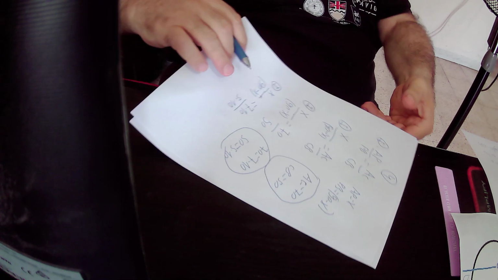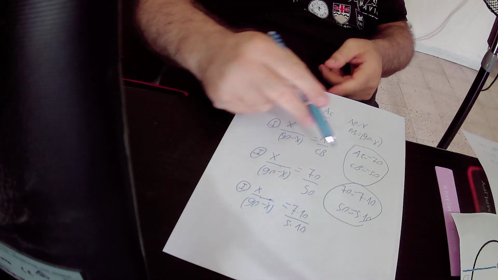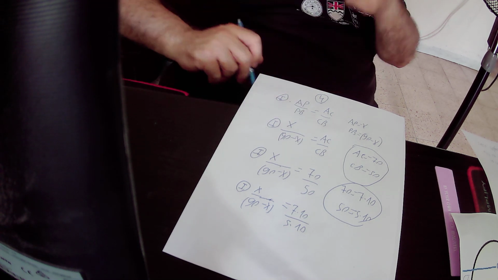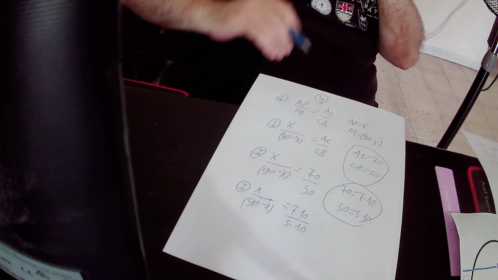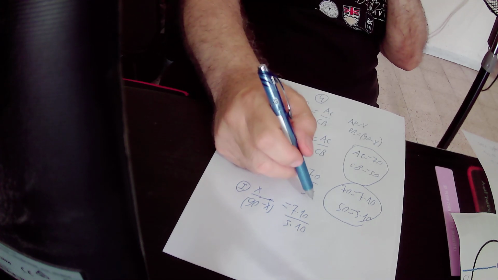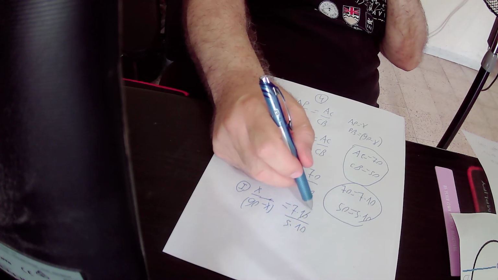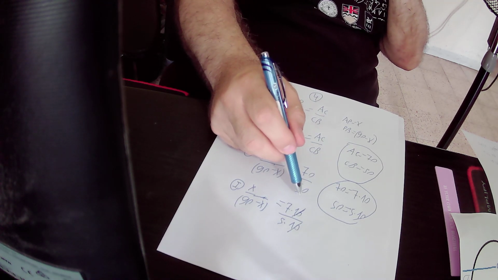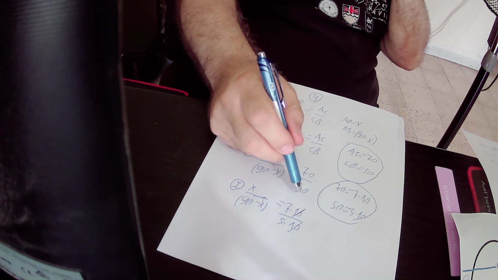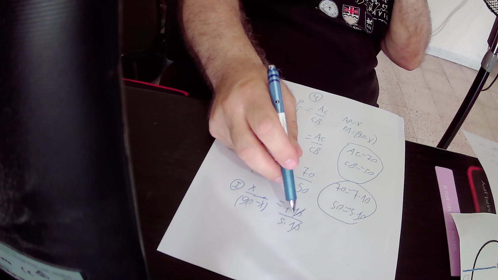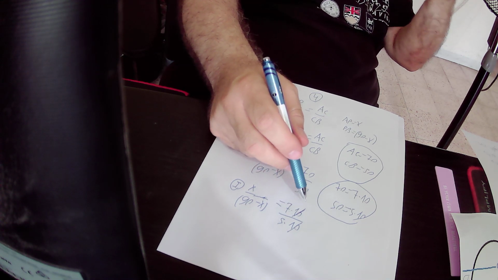As you can see in this equation, we have 10 in the numerator and 10 in the denominator, so we can cancel them.